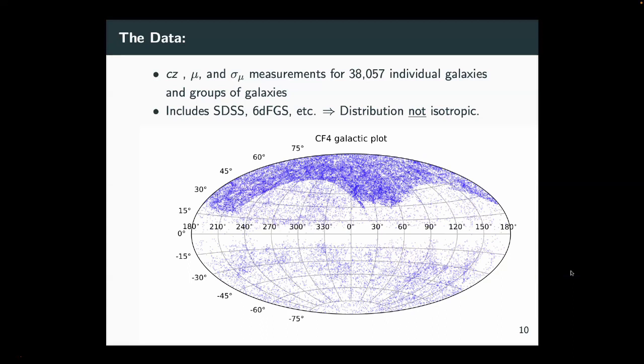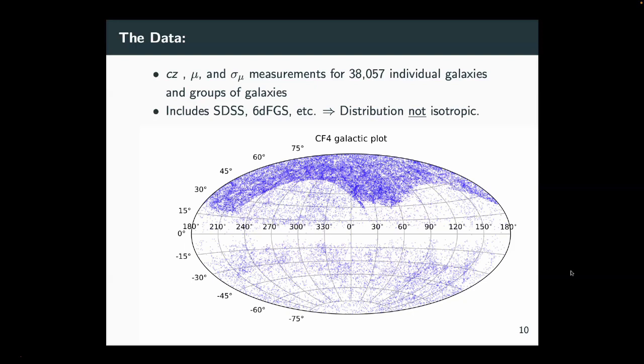And this is due basically to the SDSS being added to the catalog. So this is now the Sloan Digital Sky Survey, which we know is not a full sky survey, but actually just has a patch of the sky, and that's where all these galaxies are. Now, this isn't necessarily where the information is, though, because the SDSS galaxies are very distant, so there's less information in these galaxies than you would think, but it's still important to take that into account.